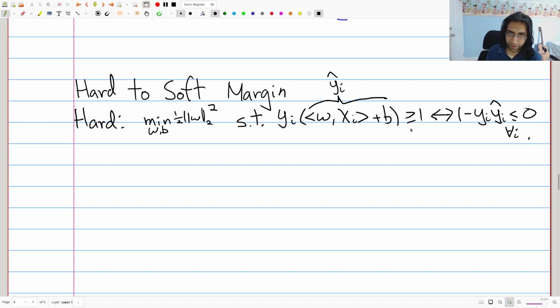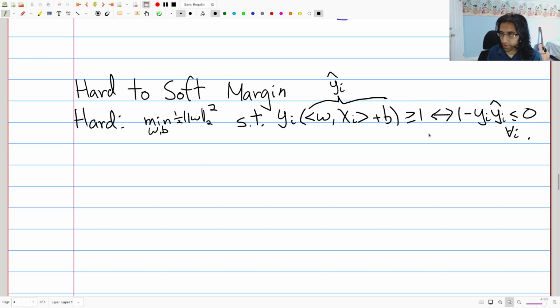So this is another way of writing the constraint. You can see that just by moving this over to the opposite side, and it'll be 0 is greater than or equal to 1 minus yi hat. Cool, so this is the hard margin SVM.